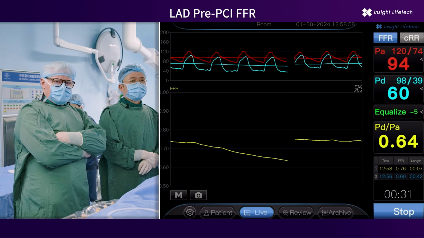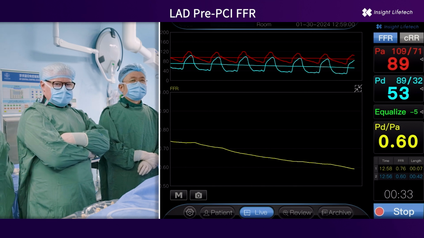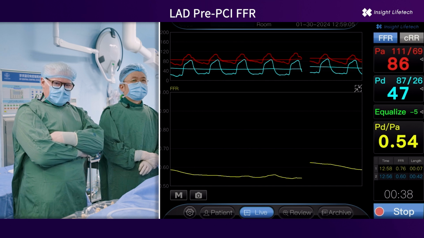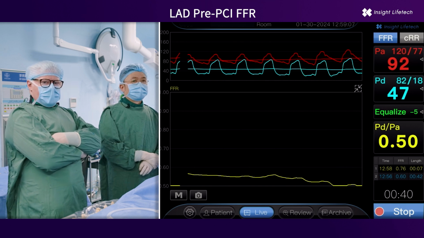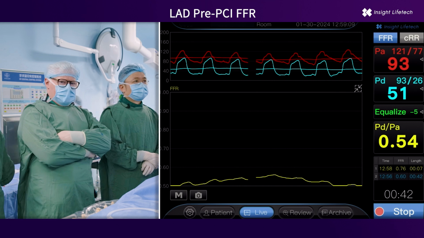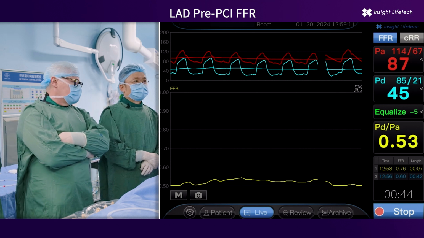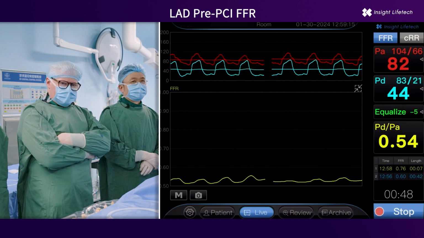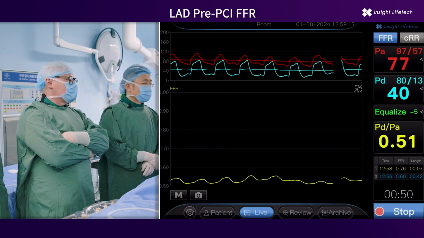Now it's decreasing. So now we measure FFR during continuous intravenous infusion of adenosine, 140 microgram per kilogram per minute.